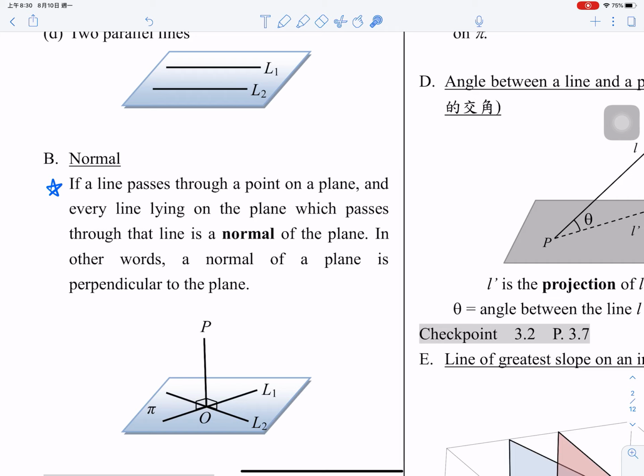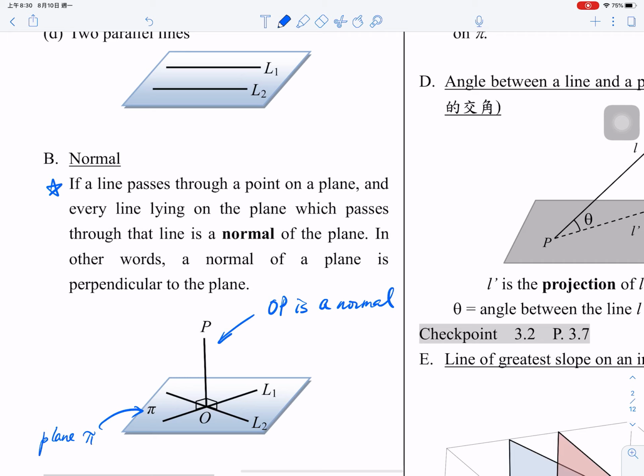That means here we have this OP. OP is a normal. That means this one is perpendicular to all the lines on this plane pi.